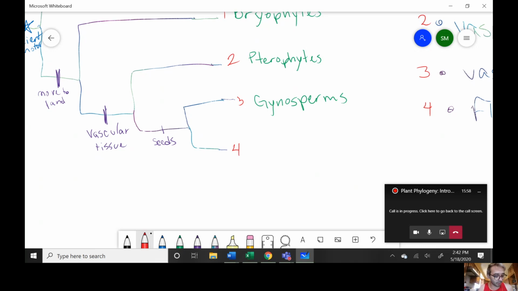And so to overcome this, angiosperms utilized animals or insects and mammals to disperse their pollen. Insects like bees, moths, flies are pollinators. They pollinate the flowers. So that was our next trait to evolve: flowers and fruit.